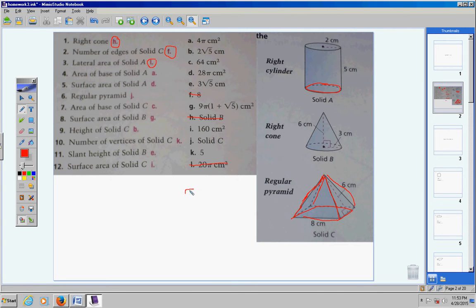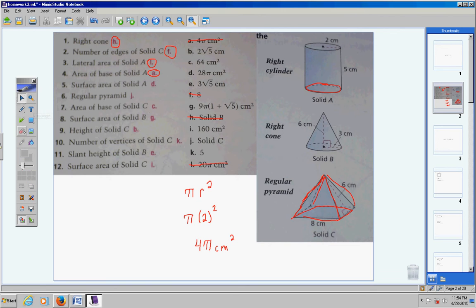Usually we put 3.14 for pi, but today they want us to leave pi, and for r I'm going to put 2, squared. 2 squared is 4, times pi is 4 pi, and it's area, so centimeters squared. That's right here, 4 pi centimeters squared. Letter A.